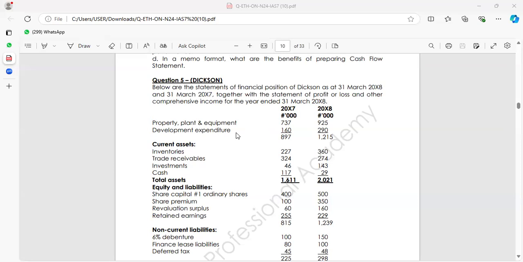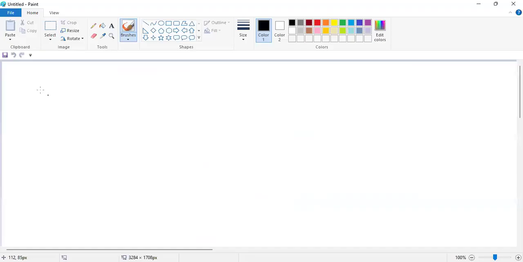I will give you the template to follow. Either group cash flow or simple cash flow, it is the same template.